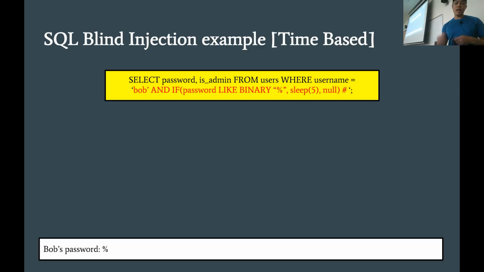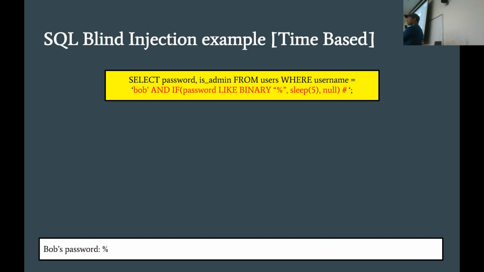Okay, so now we have something that we can build a blind SQL injection attack upon. So here is a query that we are able to inject because the username is injectable. In the backend, it's building this string, select password and isadmin from users where username is equal to something.